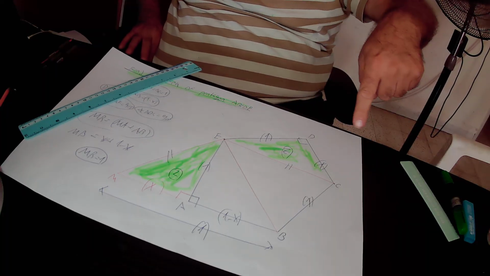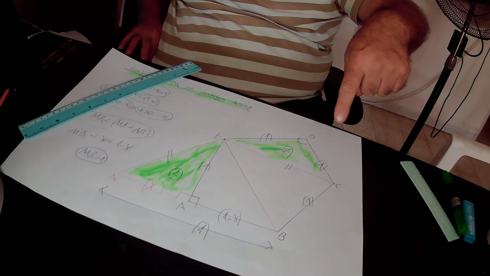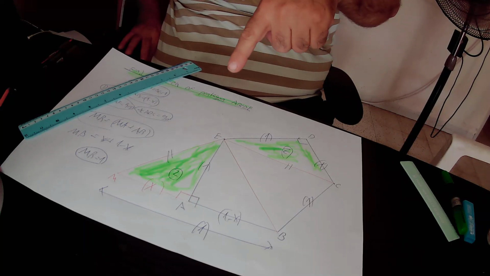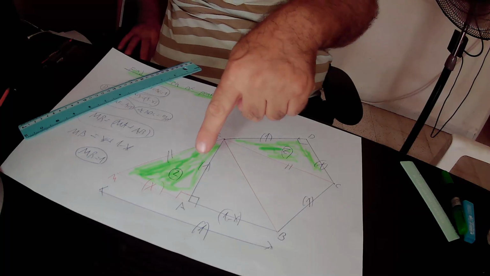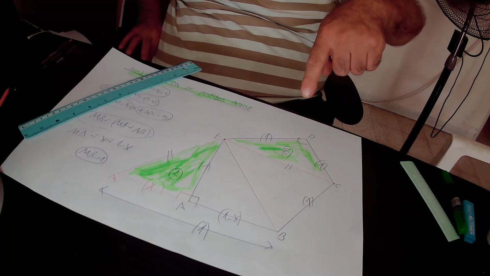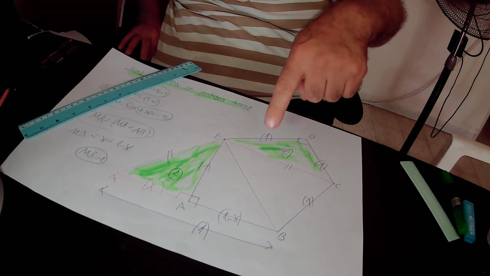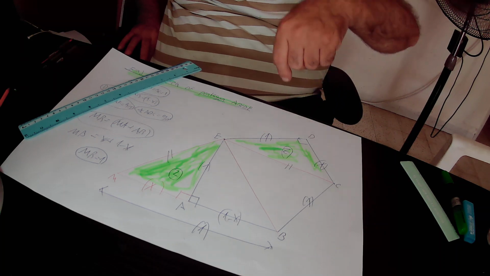The pentagon consists of this right triangle EDA. It also consists of this quadrilateral EABC, and therefore the area of the big pentagon must be equal to the area of the right triangle EDA plus the area of quadrilateral EABC.